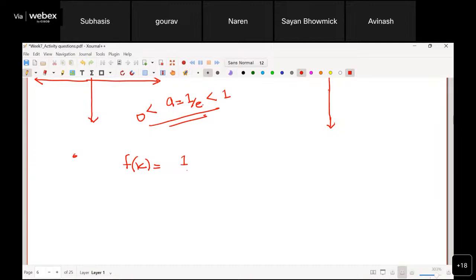So we are considering this function from R to (0, 1). We need to prove the bijection. But before going into bijection, my first question is whether this function is well defined.